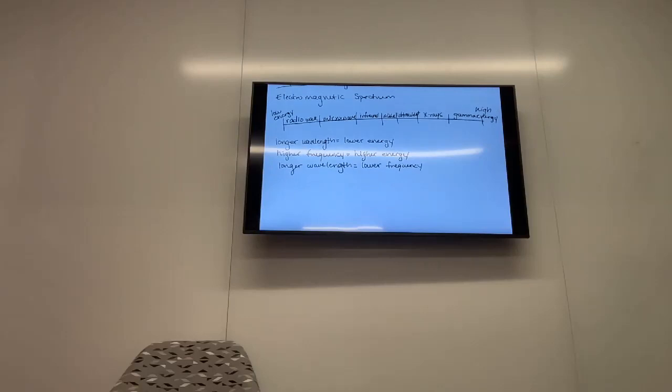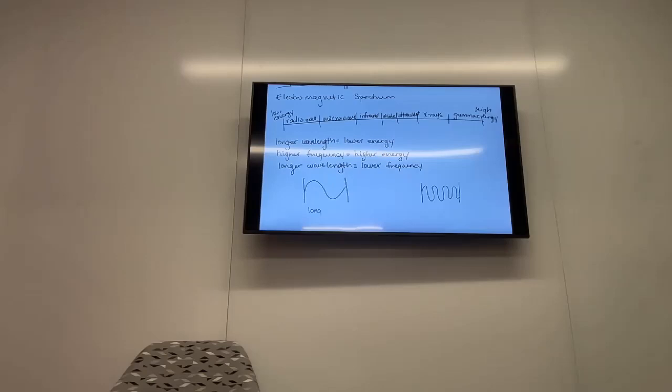Okay, if we look at two examples, which one's going to have a longer wavelength? On the left.